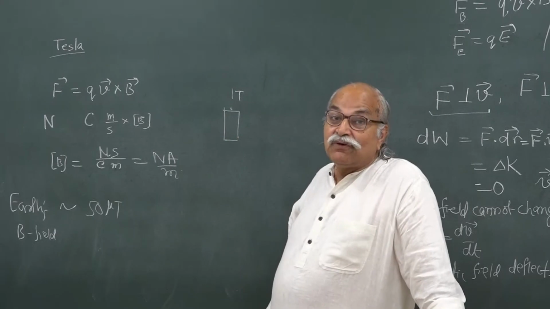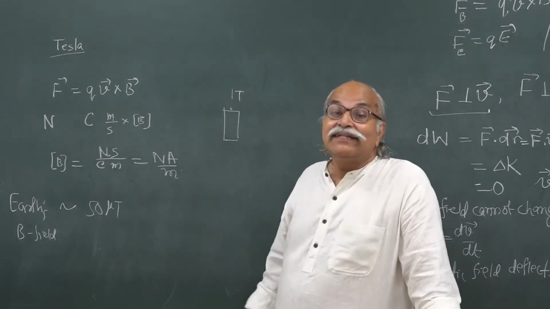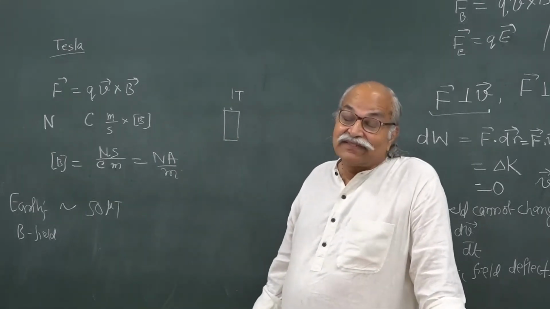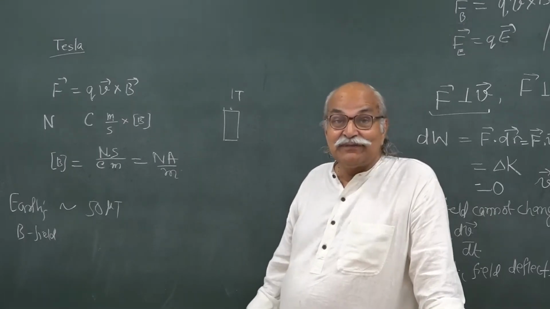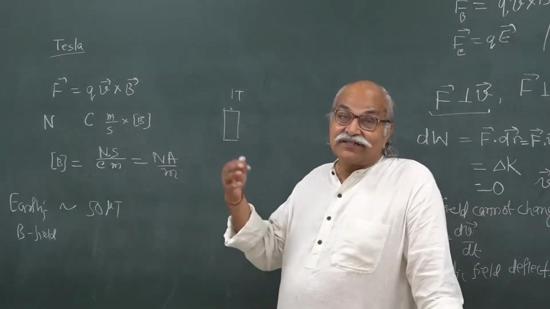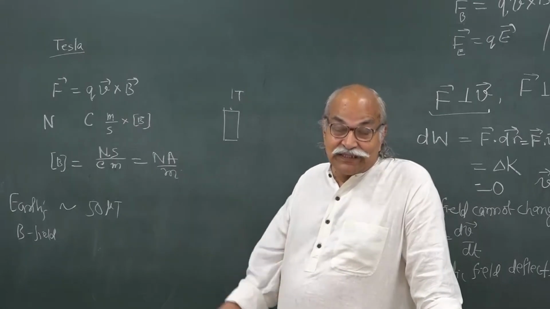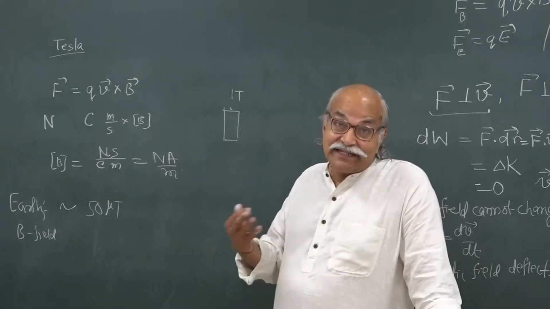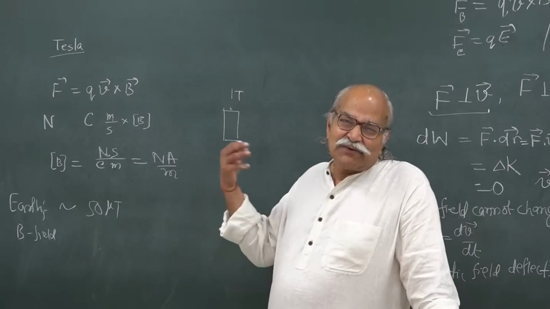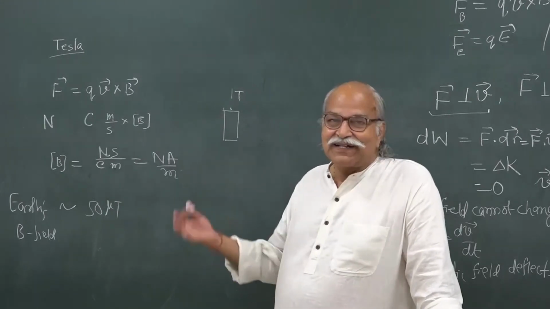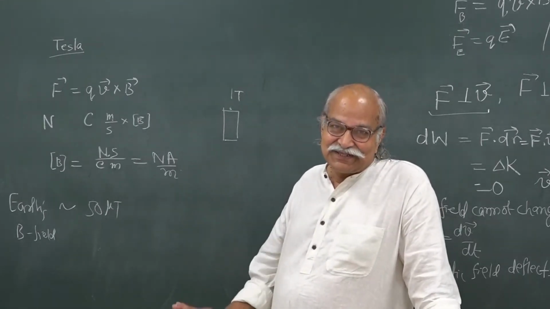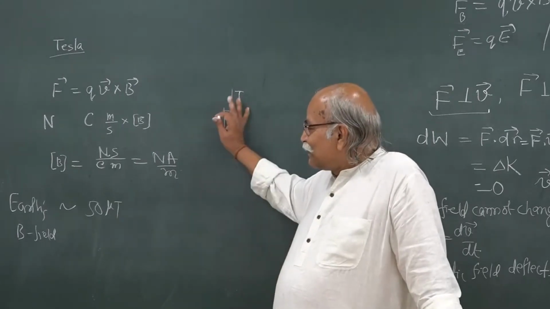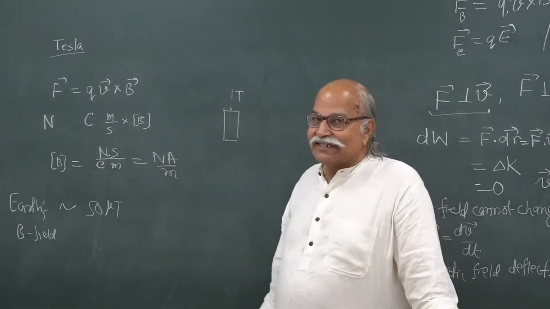But if you want to get 10 Teslas, 20 Teslas, then yes, huge arrangements are to be done: large currents have to be generated in large coils, and then you have all the cooling arrangements and superconducting coils and so on. So, this is the kind of units this magnetic field has.